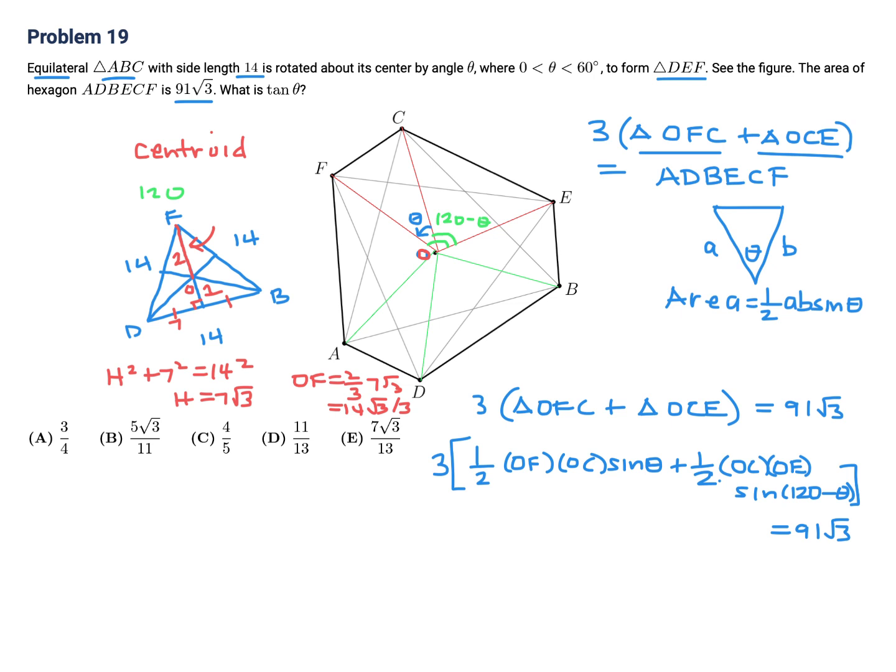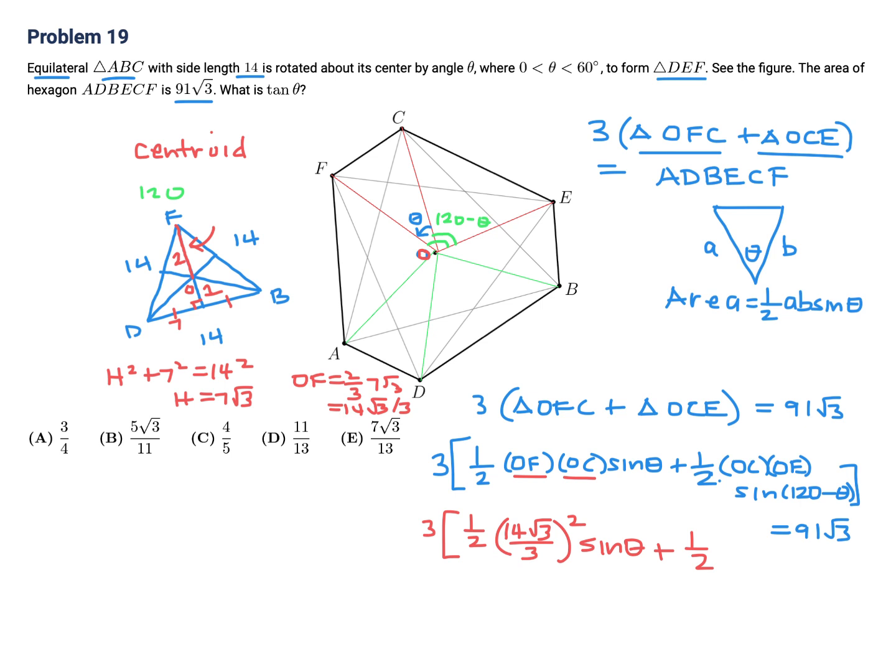Okay, so all that hard work to get OF. And by symmetry, this OC is the same. So we got 1/2 times 14 root 3 over 3, really squared, since OC is the same as OF, times sine theta. And let's see here. Oh, wait, we got to do this one. Same thing.